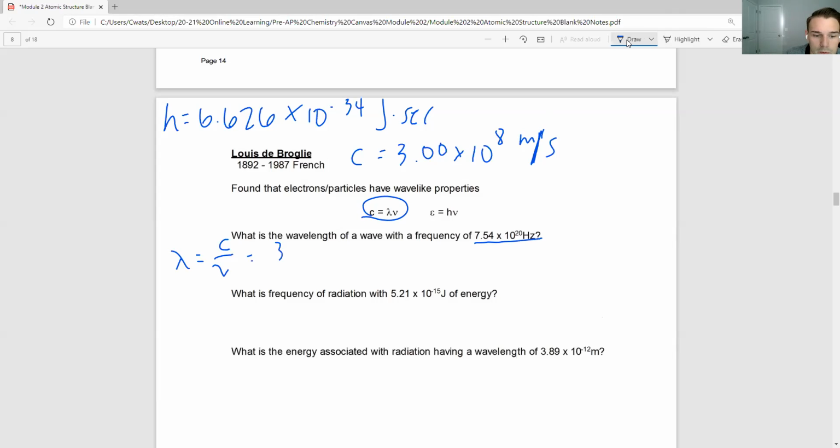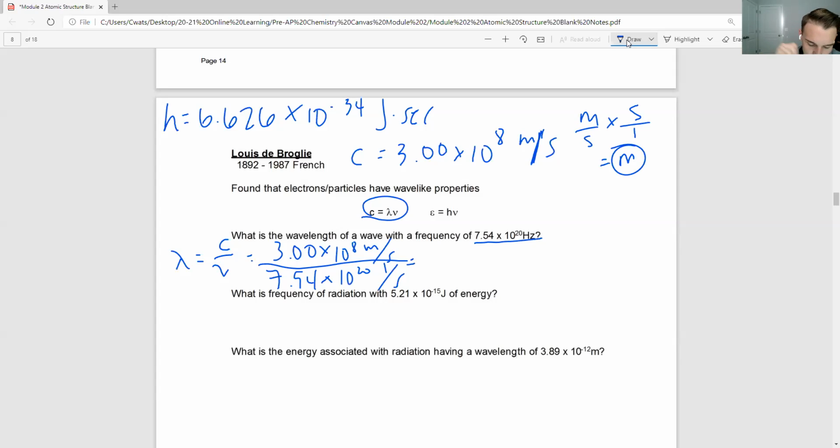And so I'm going to do 3.00 times 10 to the 8th meters per second divided by 7.54 times 10 to the 20th. Hertz is, remember, 1 over seconds. When you're dividing fractions, just so we remember, meters per second, when you divide, you multiply by the reciprocal, and you'll be left with just meters.